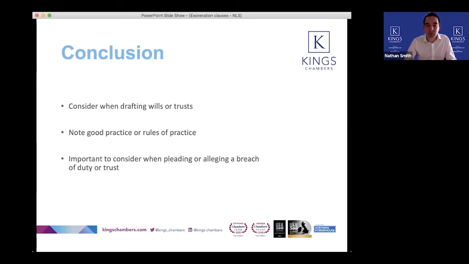excludes. These clauses can often be buried somewhere in the trust document, and where they apply, it can make it very difficult to establish a personal liability for breach of trust against the trustee, at least in the absence of fraud.